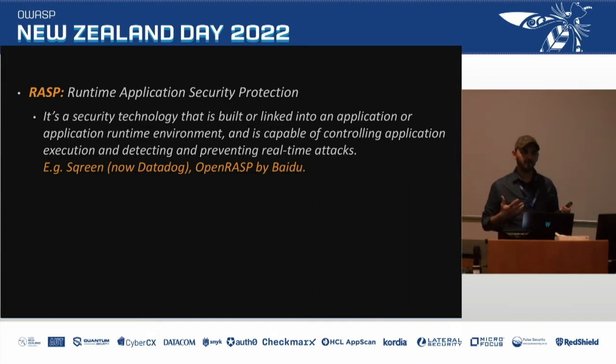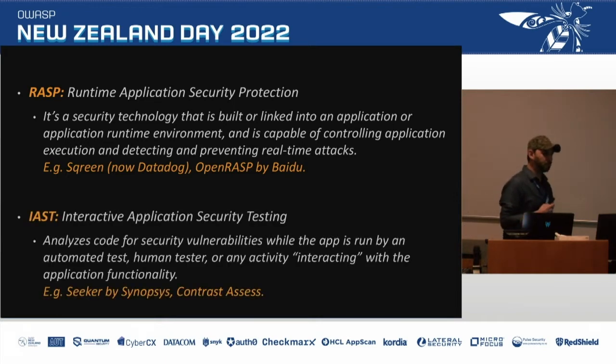There are very few vendors, as far as I've studied, who actually offer this particular technology. Very interesting technology. Don't confuse this with a web application firewall, because there's been a bit of a debate about it. As you can see, some of the vendors who offer runtime application security protection.